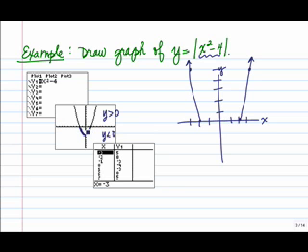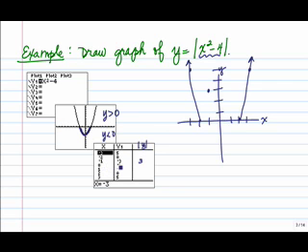Now if you remember, you can just do the reflection across the x-axis and you could get the graph, but we could specifically do this. Look here, when x is negative 1, my original y value is negative 3, but I've got to take the absolute value of that. So the absolute value of negative 3 is 3. So on my graph I should have negative 1, 3.